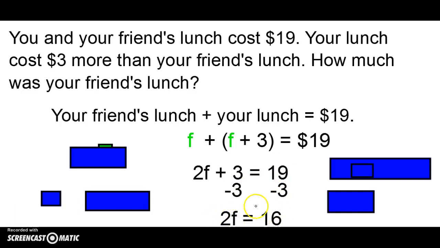So divide by 2, divide by 2. Your friend's lunch was $8. Then if you want to make sure that makes sense, if yours was $3 more, that would be 11. And 8 plus 11 is 19.